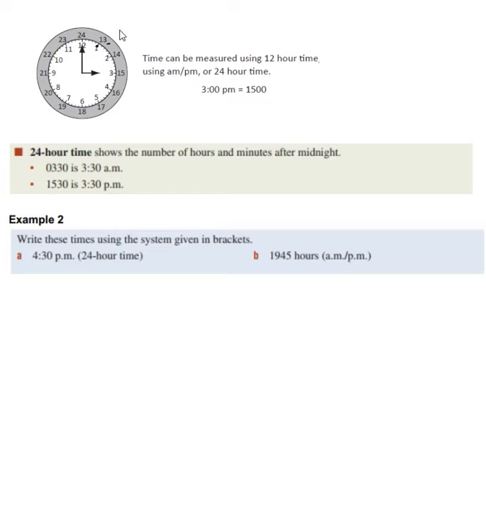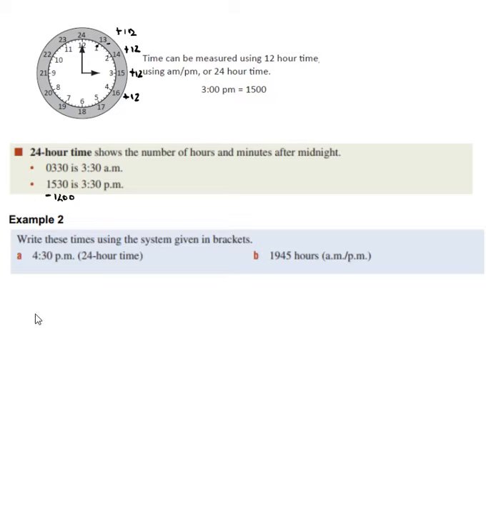The pattern is, all we're going to do is add 12 to each of the AM times to get the PM times. Or if we had a 24-hour time like 1530, to convert it back to PM time, all I'm going to do is minus 1200 hours from that to get 3:30 PM. Okay, it's not that hard to work out.